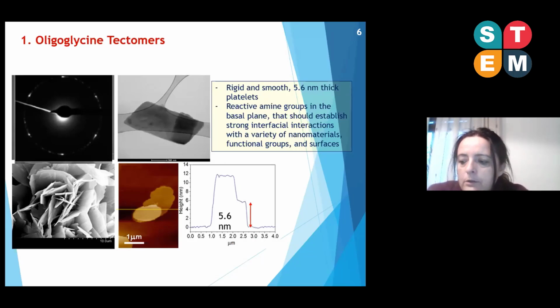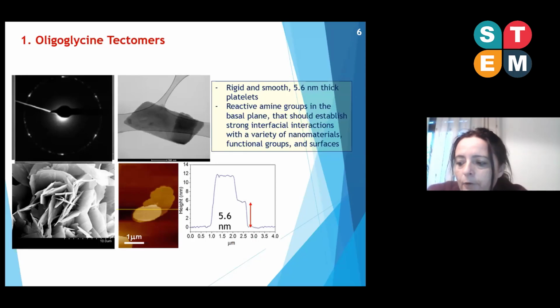Microscopic characterization of oligoglycine tectomers is shown in this figure. The two-dimensional nature and micrometer size of the tectomer assemblies resemble the structural features of liquid phase exfoliated graphene or other inorganic layered materials.